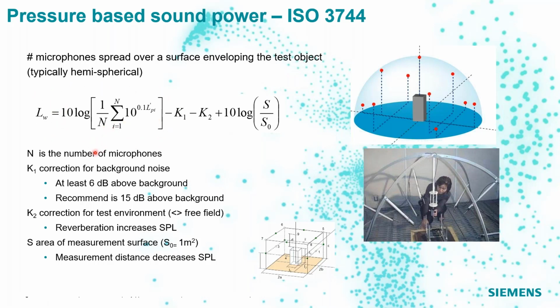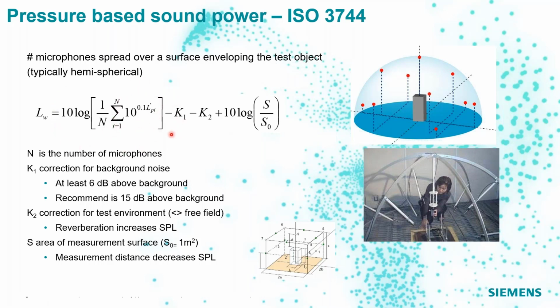So our capital N is the number of microphones that we're going to use. And you can see it's 10 raised to a power, and the variable there is L_Pi. That's the sound pressure level measured with each microphone. And then we add all those up for the number of microphones we're going to have. Okay, so that gives us our first measurement for this equation.